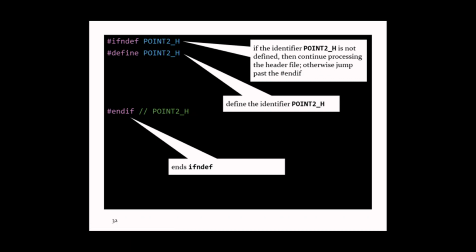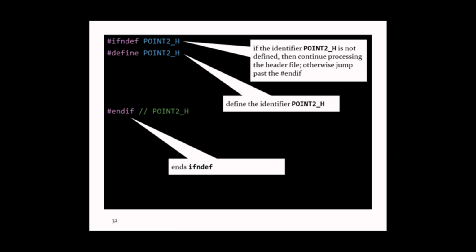So for my point2 object, I'm going to create a header file called point2.h. The first thing that you do when you make your header file is you automatically stick in your header guard. So if the name point2_h is not defined, then the stuff inside up to endif will happen. In other words, the preprocessor will process everything between ifndef and endif.